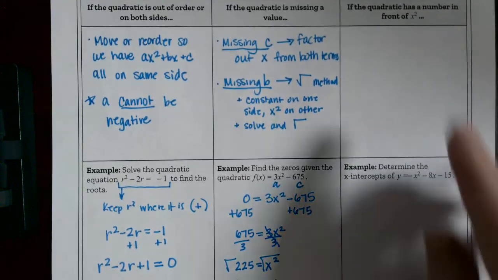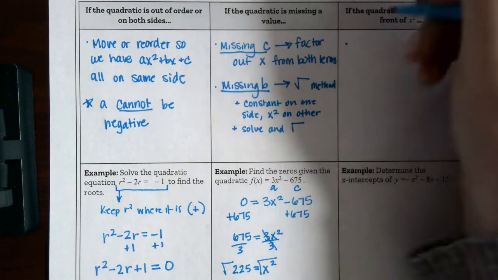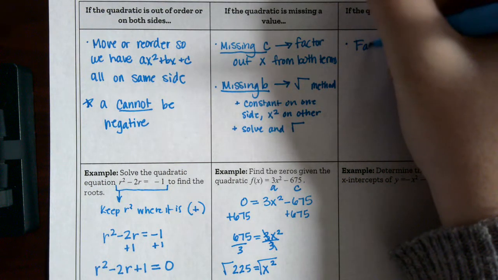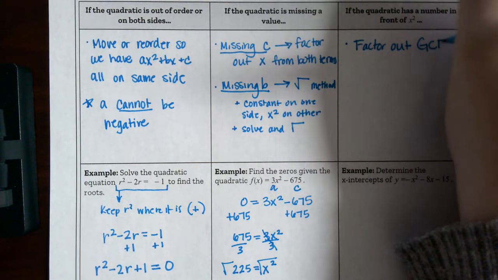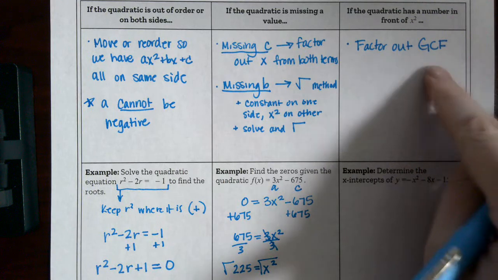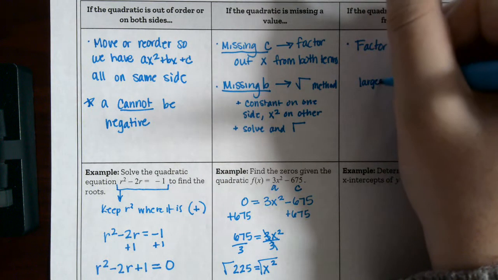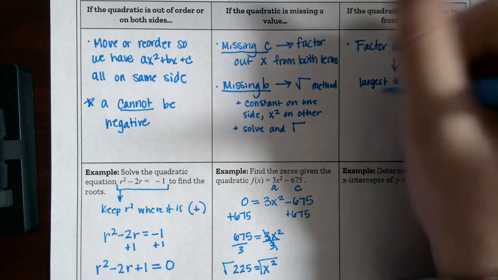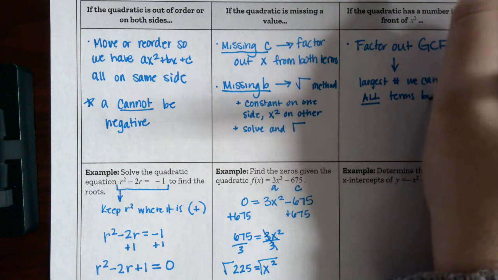Moving on to the very last special case that we're going to talk about today, and that is if we have a number in front of x squared. We're going to do something similar to when we were missing C, and we are going to factor out a GCF. Remember, a GCF is the greatest common factor, the largest number we can divide all terms by.